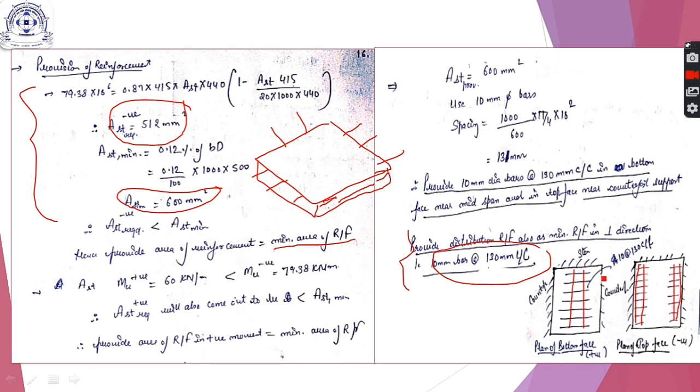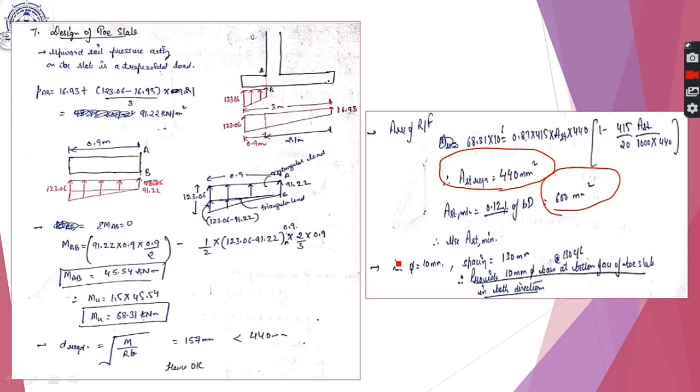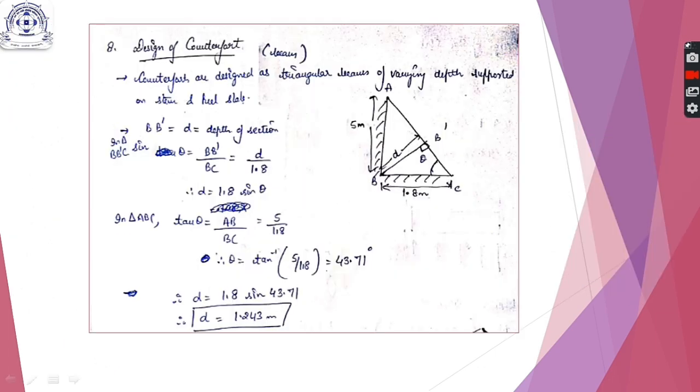In the heel slab, the main reinforcement was provided in the bottom face near the midspan, and in the top face the reinforcement was provided near the counterforts, and distribution reinforcement was provided in the perpendicular direction. In the toe slab, the main reinforcement is provided on the bottom face. Okay, now you need to keep that in mind.